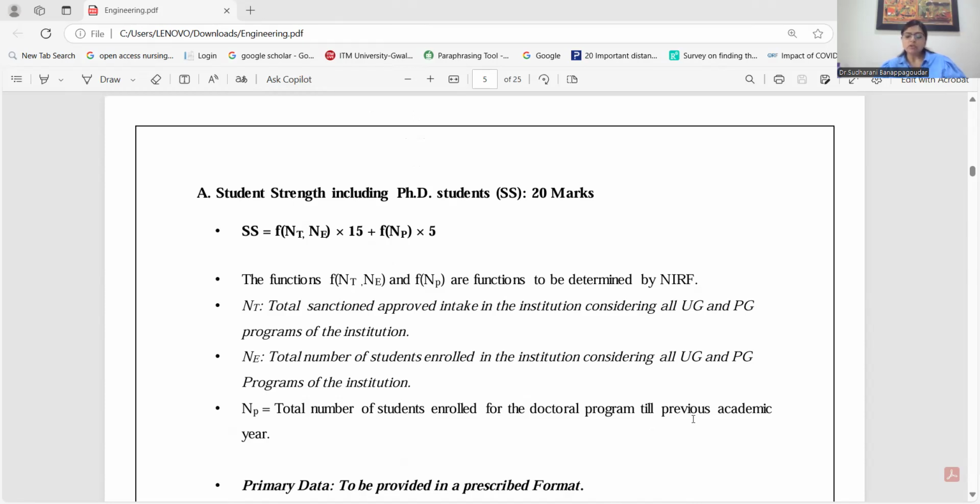So NP is a ratio of the number of PhD students to the total eligible students. In other words, NP is equal to NP upon NE. NP upon NE is again considering the eligible students upon the intake of the PhD. The NP stands for the enrolled students and NE stands for the eligible students.